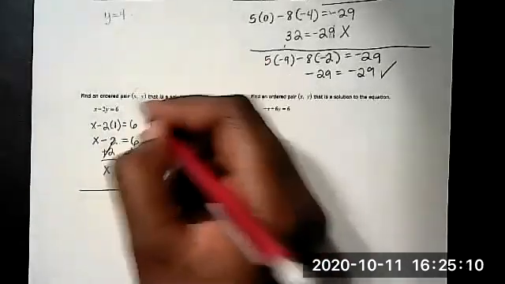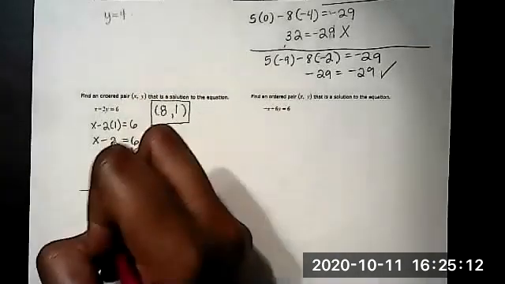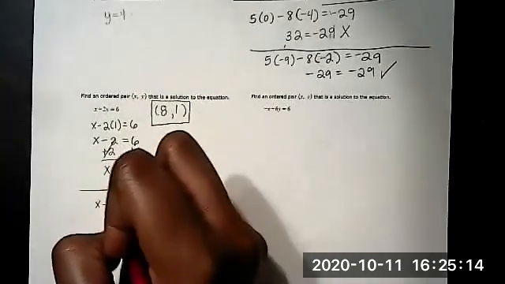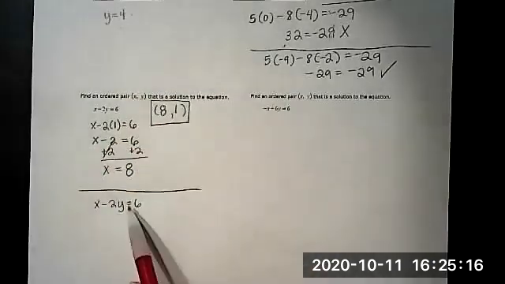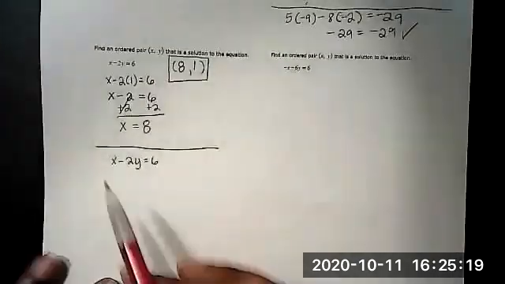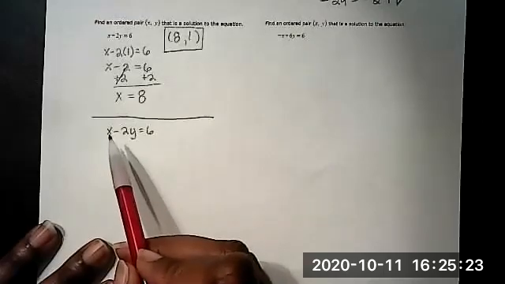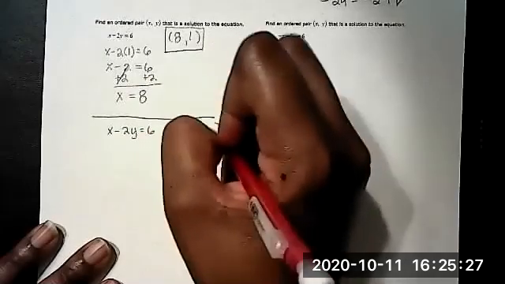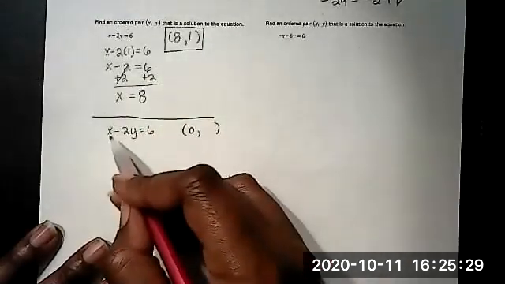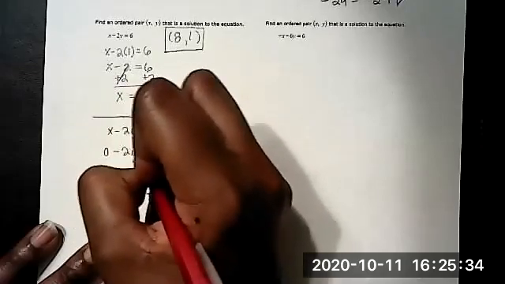Let's try another one. They really just want 1, but I want to do it again for you so you're not confused. Now imagine I picked a number for x. I said 0. So my x is 0. I don't know what my y is, but my x is 0. 0 for x minus 2y equals 6.